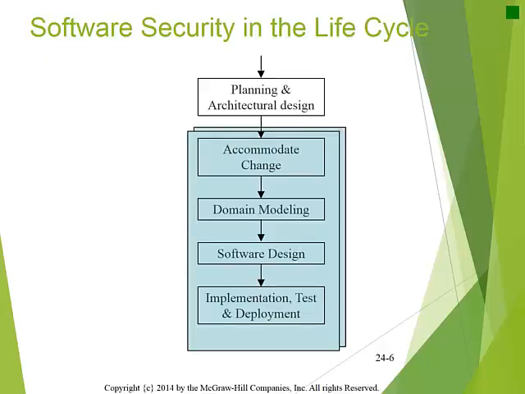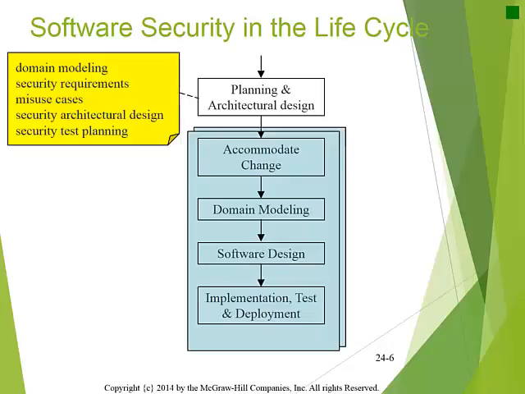During the software lifecycle, software security activities must be performed. During planning and designing, security requirements are identified through the domain model. Security threats should be identified and security requirements derived, and also misuse cases should be derived.